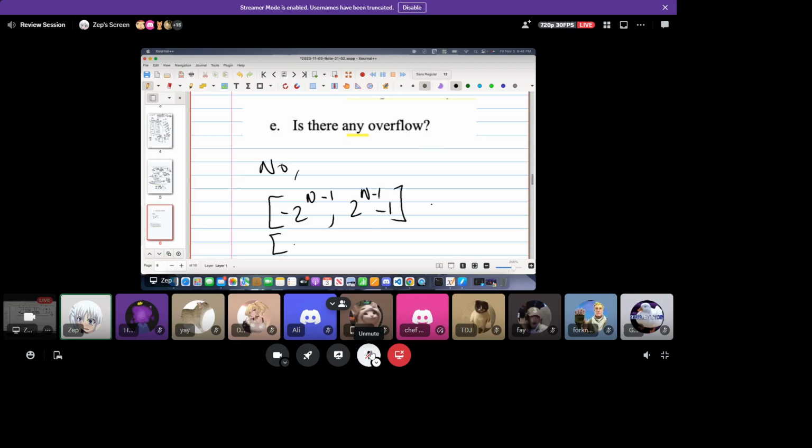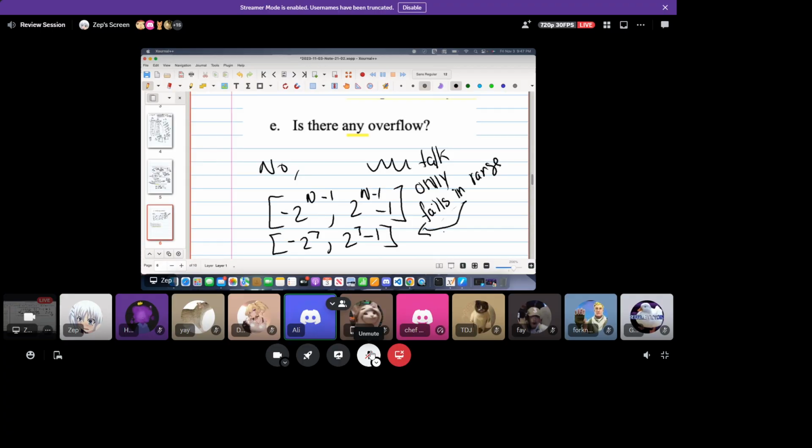Our n is 8, so it's negative 2 to the 7, to 2 to the 7 minus 1. And we can just talk a lot. Most likely they'll mark it correct if you just put a lot of words down, and you can say it only falls in range.